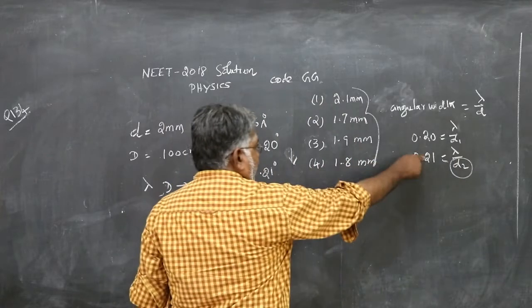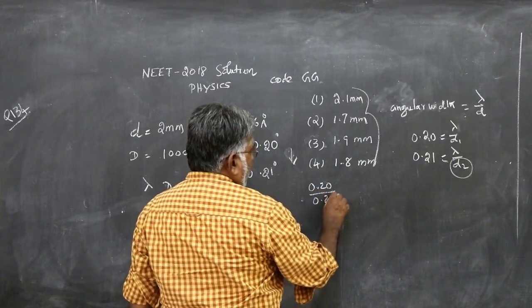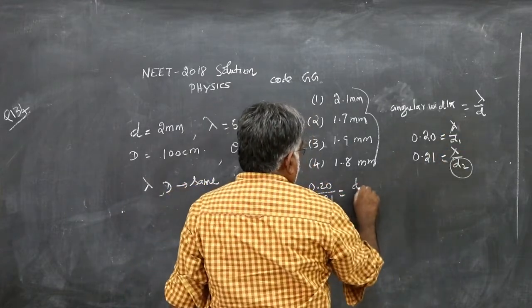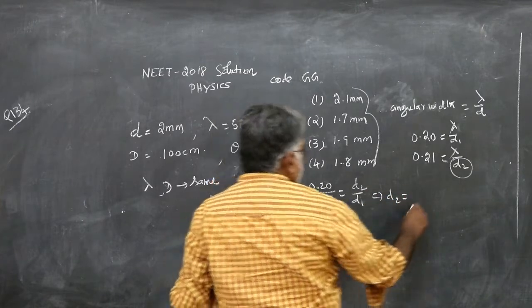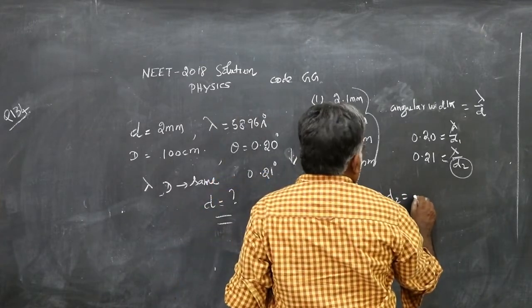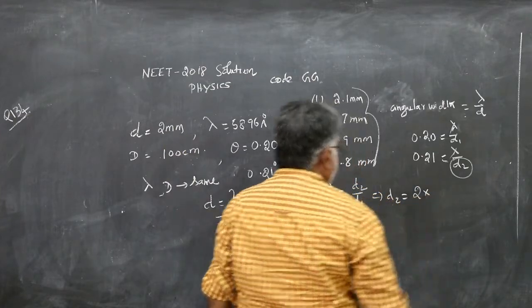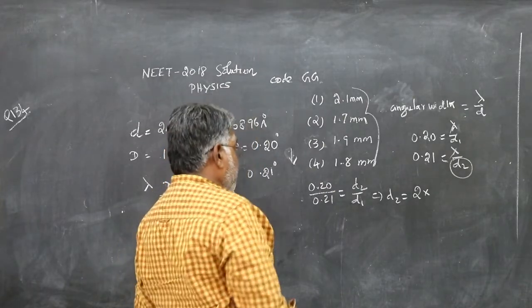So dividing one by the other, 0.20 by 0.21, lambda will get cancelled, giving d2 by d1. We want d2, so d2 is d1 times, what is d1, which is 2 millimeter. I put d1 in millimeter, so I will get d2 also in millimeter.